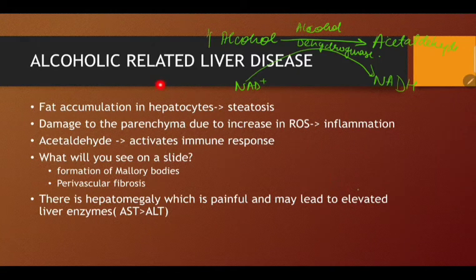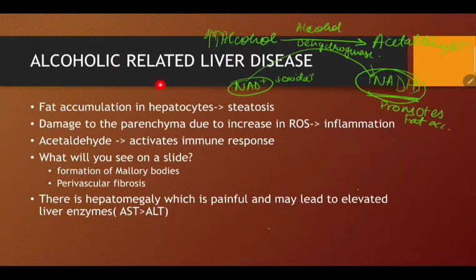So when you have too much alcohol, too much of it is broken down into acetaldehyde, and there's too much NADH produced. NADH promotes fat accumulation. NAD+ decreases oxidation of free fatty acids.